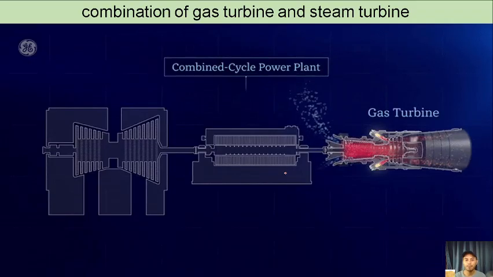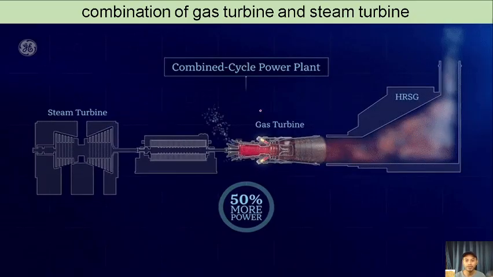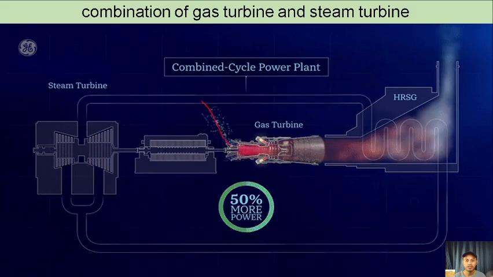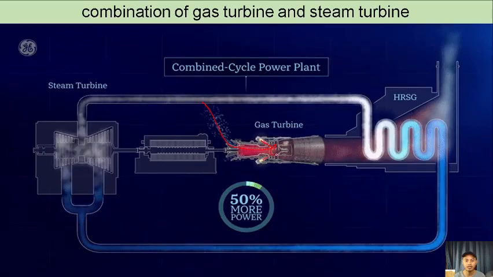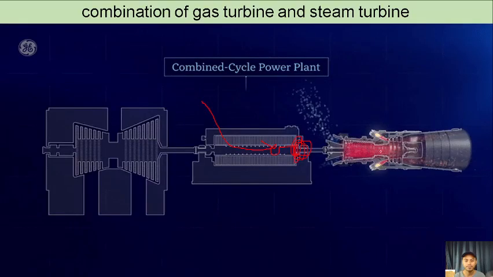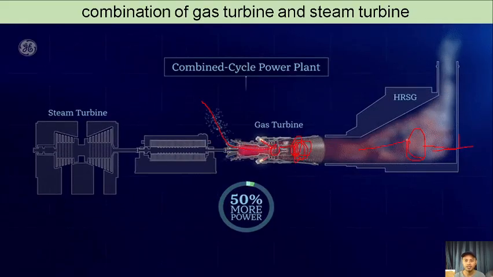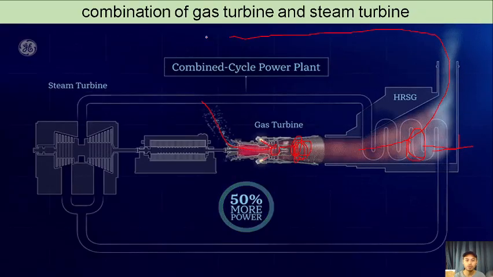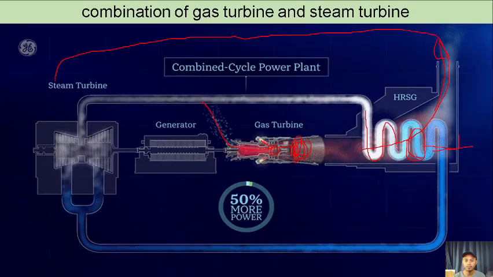So here we have an example of a combination of gas turbine and steam turbine. So first we have here a gas turbine. Air is compressed, and then fuel is injected, creating combustion and helping rotate the turbine. And the exhaust in here is used to create steam on this part of the coil.